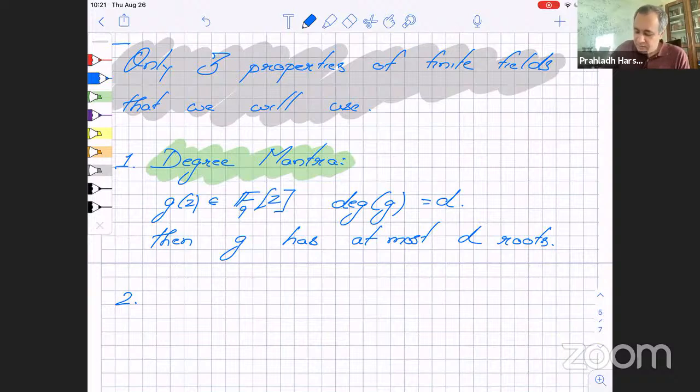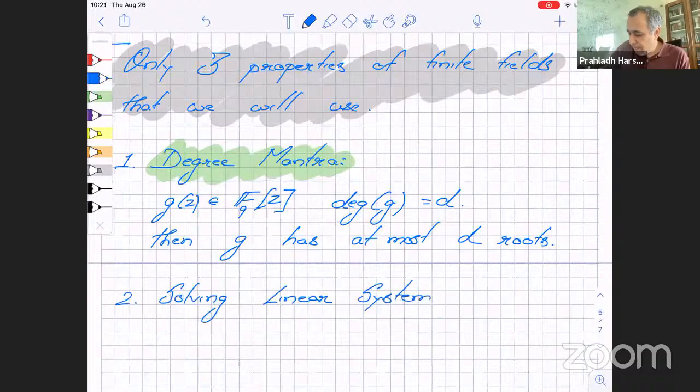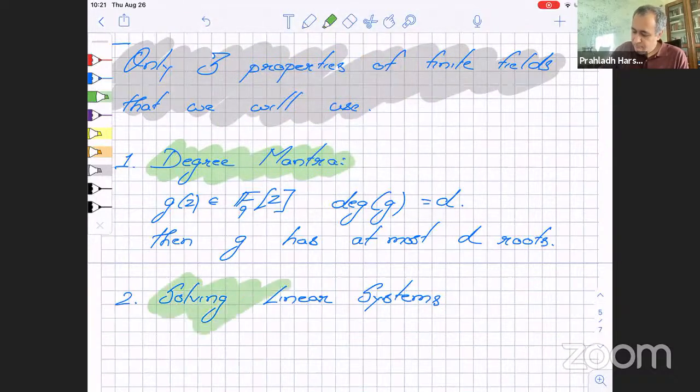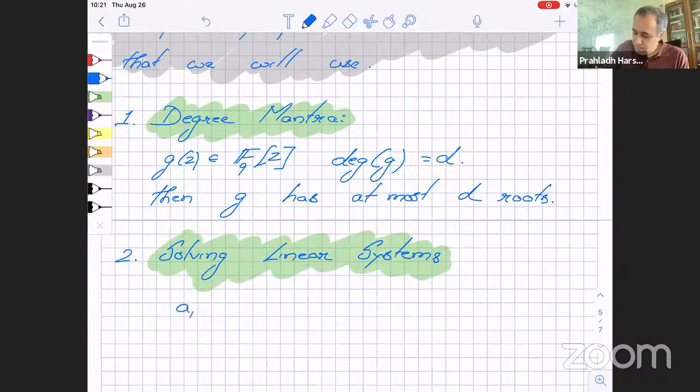The next will be related to solving linear systems.